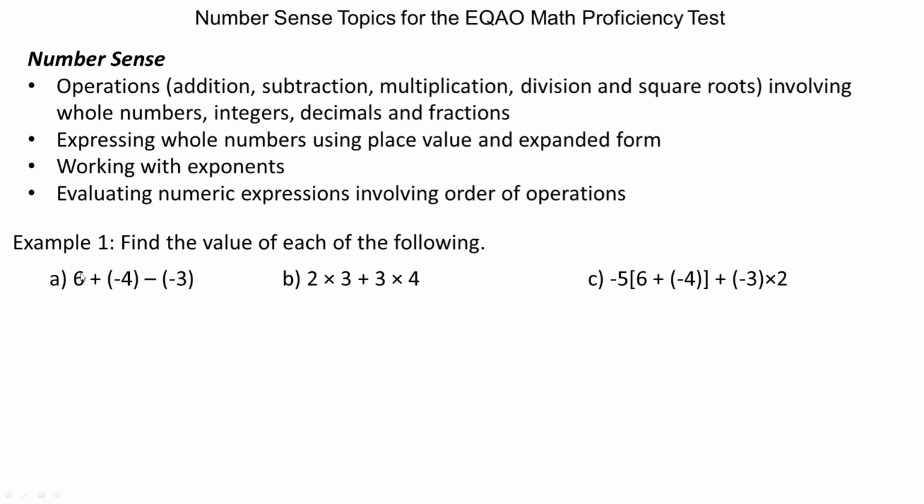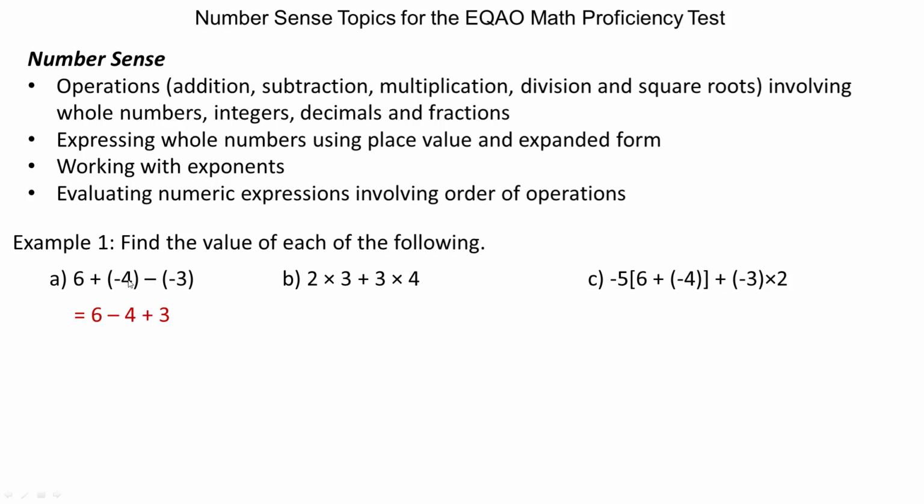So in A, and I didn't put any multiple choice in this tutorial, I just wanted to talk about lots of different examples about number sense. So 6 plus negative 4, subtract negative 3. Now, when you're adding a negative, that's the same as just subtracting.